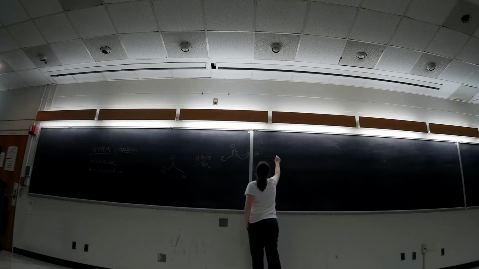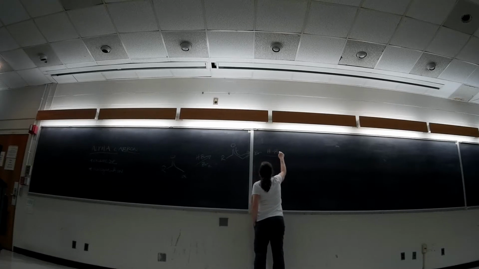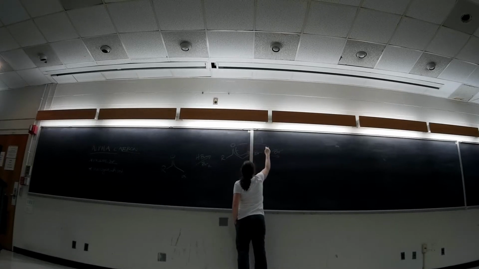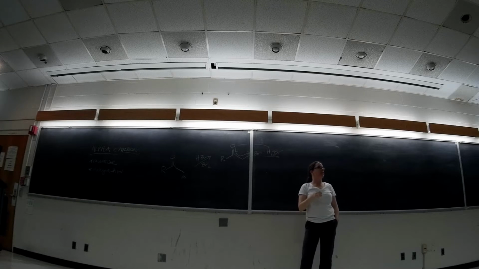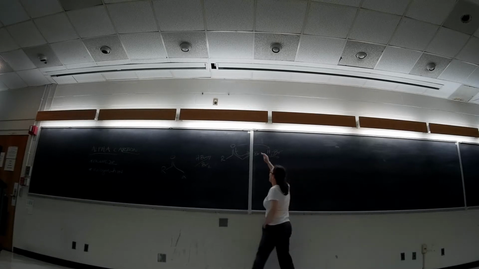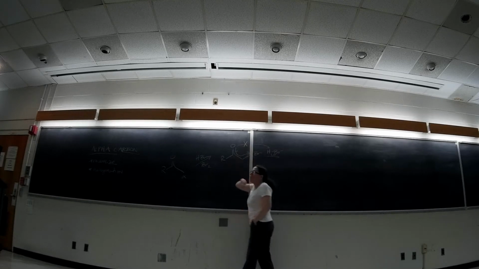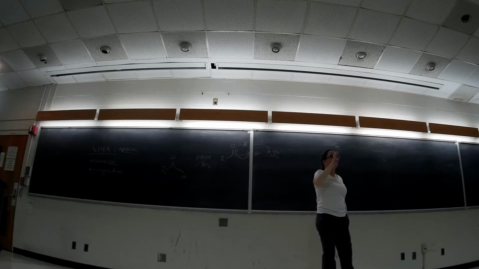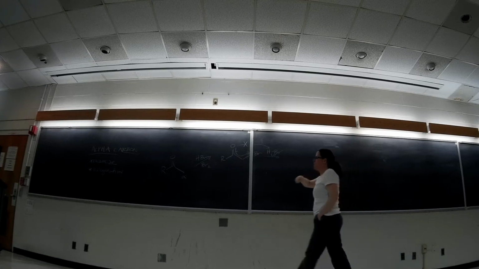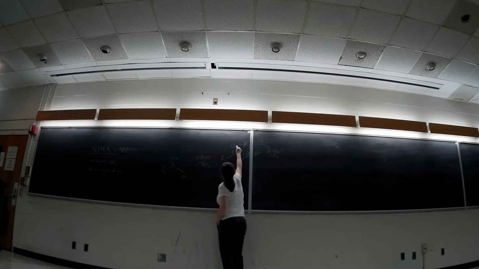Enol formation would be to protonate the oxygen center, right? To protonate the oxygen center. And this reaction does not work very quickly at all anymore, because that carbonyl oxygen is less basic than the original carbonyl oxygen was. So if I were to label this OA, this guy OB, right?